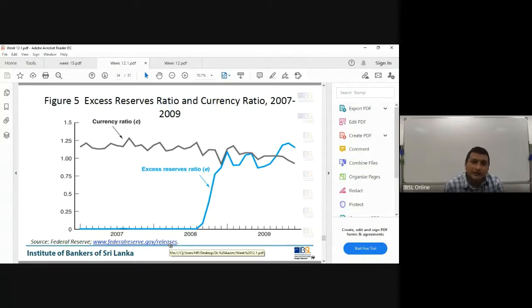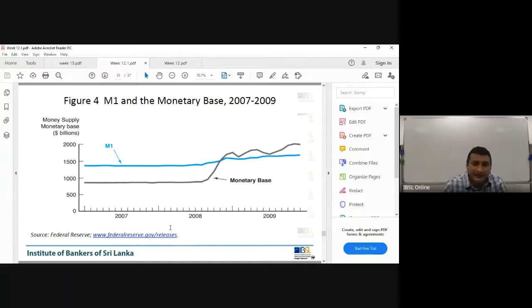You can see all the central banks have expanded their monetary base. They have either directly lent to the stakeholders or purchased government papers to build this monetary base, right? A monetary base would have expanded for sure across all these countries.